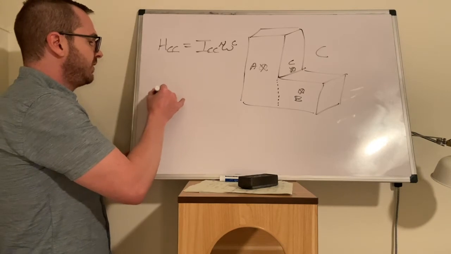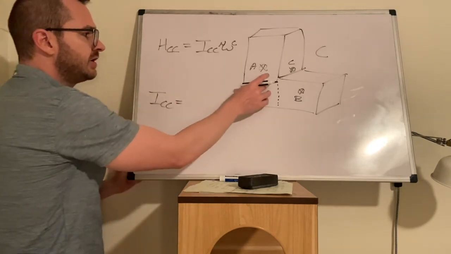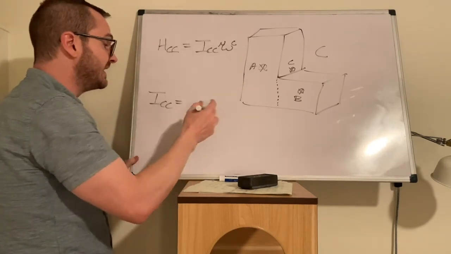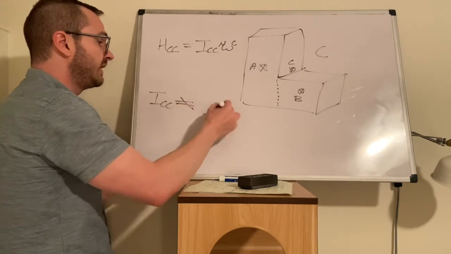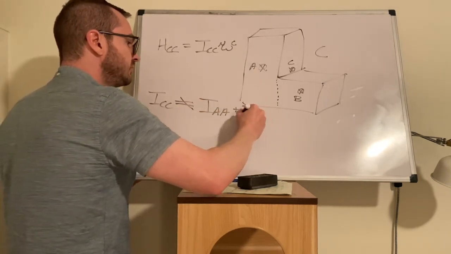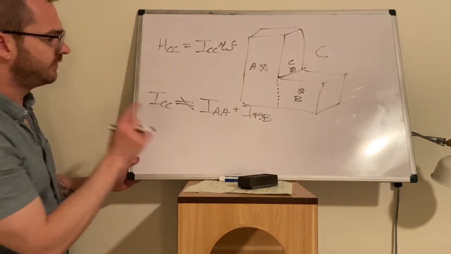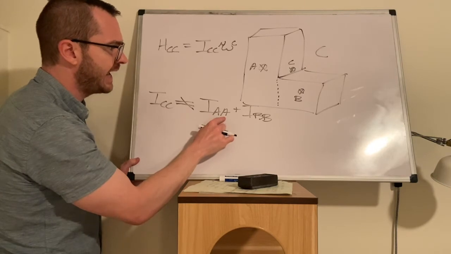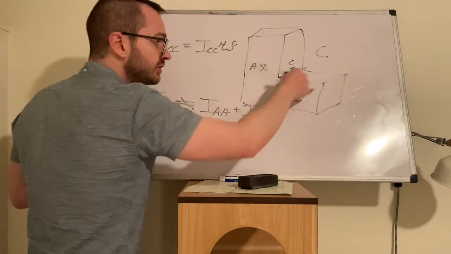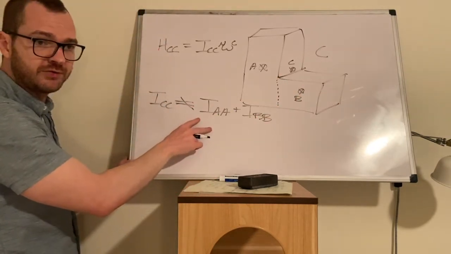So let's say that I_CC can be made from the inertia of A and the inertia of B. However, we cannot do this. And the reason we can't do this is that these two inertias, I_AA, the inertia of A about point A, and I_BB, the inertia of B about point B, are part of Euler's second law.